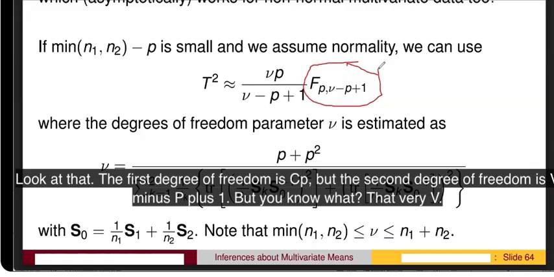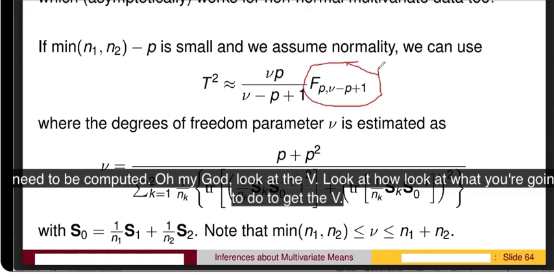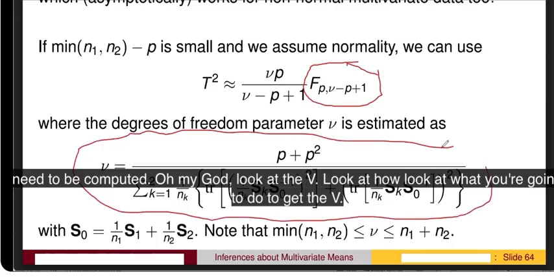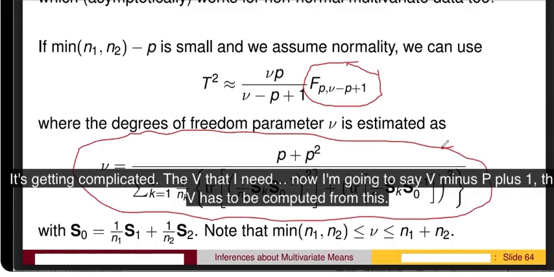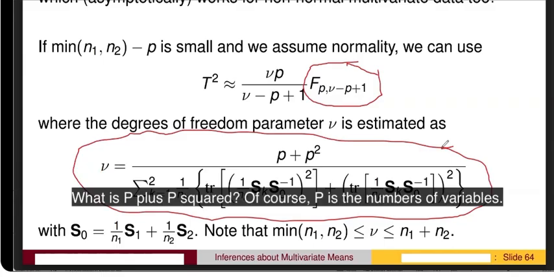But you know what? That V needs to be computed. Oh my God, look at what you're going to do to get the V. It's getting complicated. The V in V minus P plus 1 has to be computed from this. What is P? P plus P squared; of course, P is the number of variables.